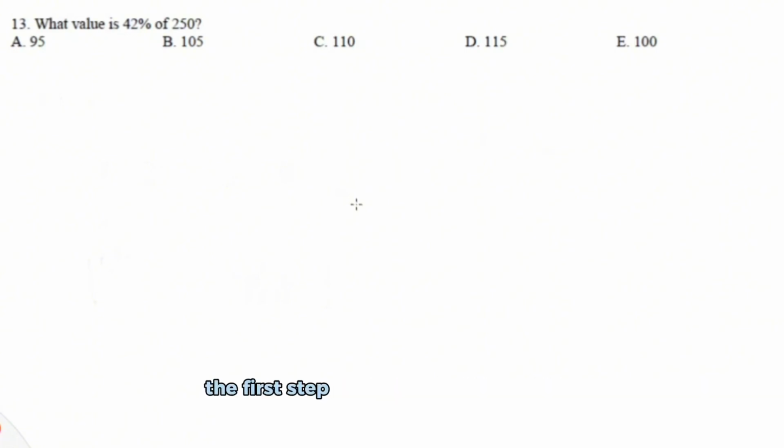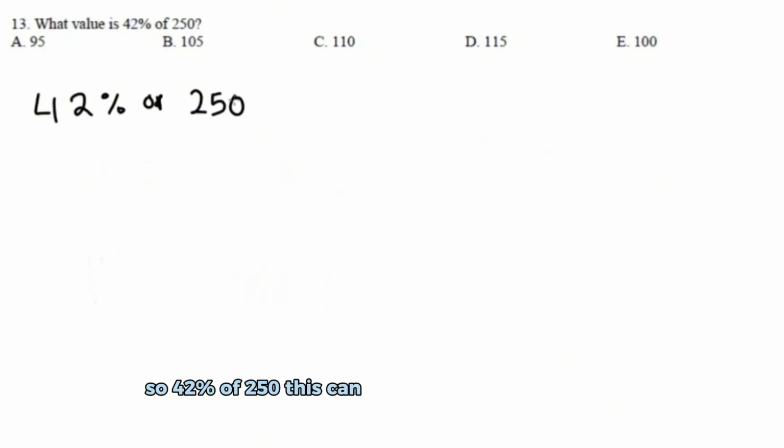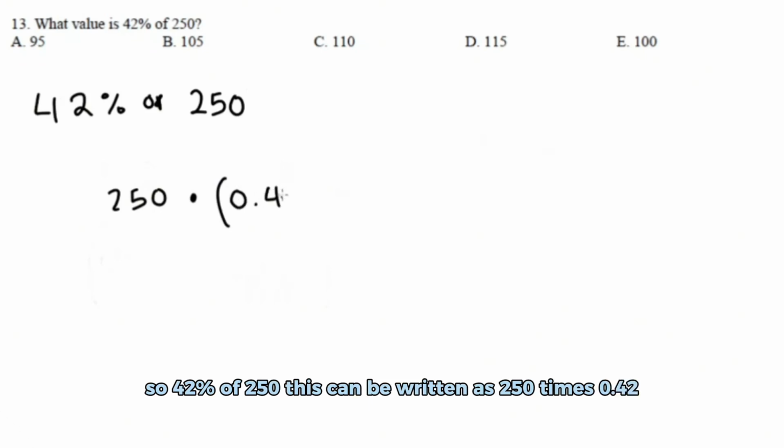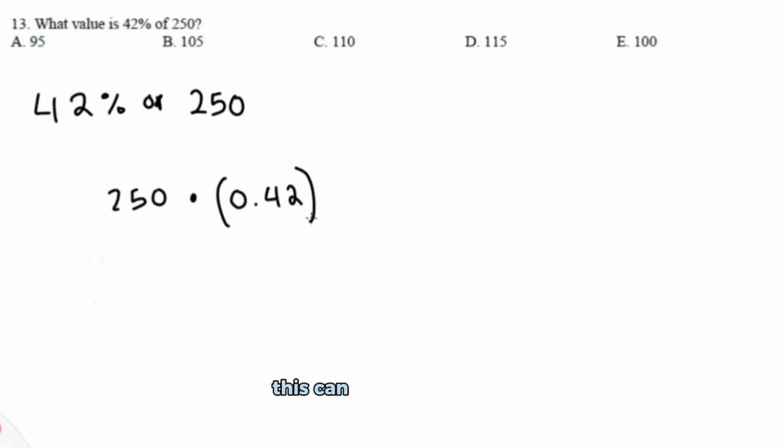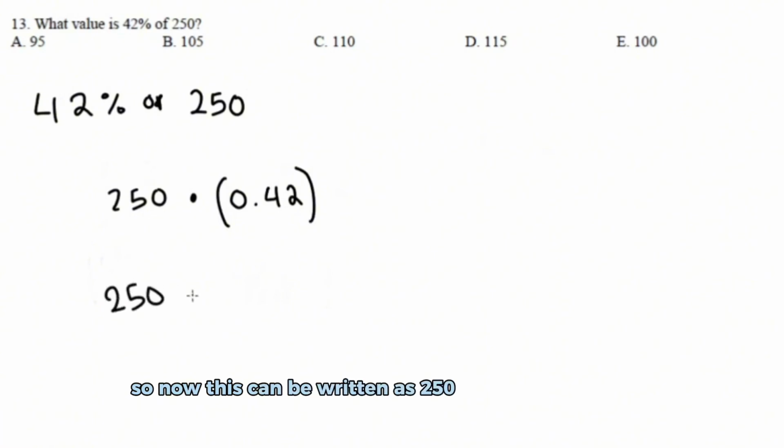All right, so the first step to solving this problem is thinking of how we can represent this problem. So 42% of 250 can be written as 250 times 0.42. This can be taken further. So now this can be written as 250 times 0.01 times 42, right?